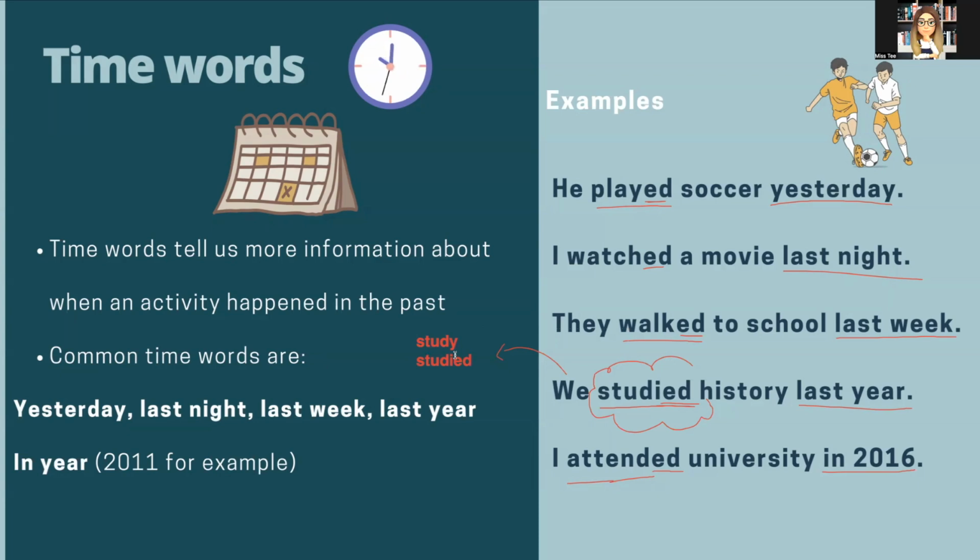Study, and we make it simple past by adding no Y, IED. So we have to change that, and that's true for all words that end in Y. There's some exceptions, but really not many. So don't worry about that until you're at a more advanced level.